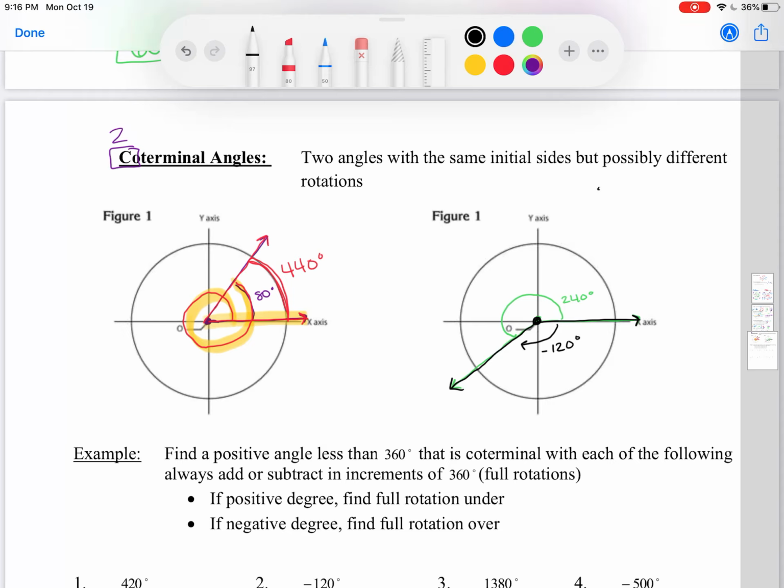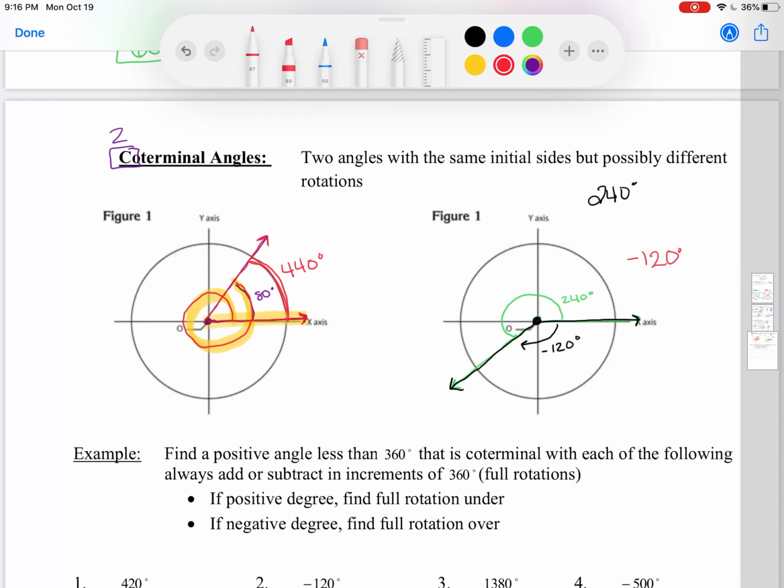But because I'm going backwards, because I'm going that clockwise direction, I know that this is going to be negative 120. So if I had an angle that was 240 degrees, and I asked you for a coterminal angle that is negative, you could tell me that negative 120 will count as a solution.